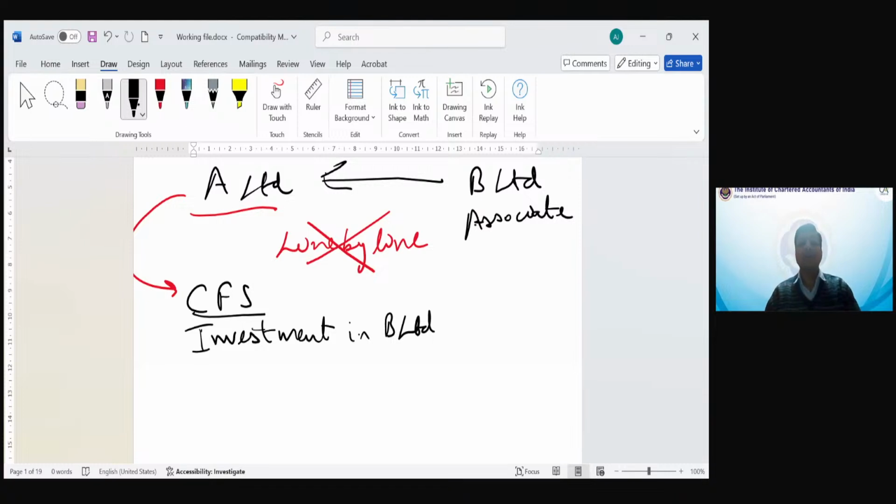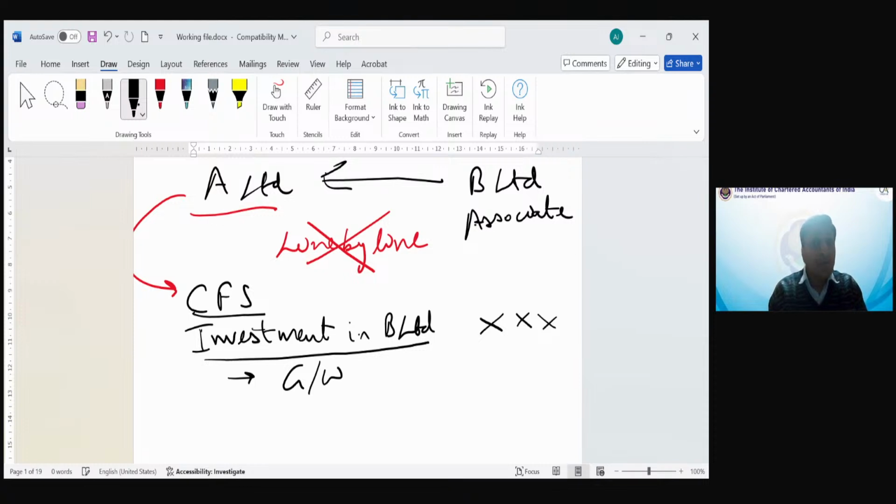Investment in B Limited, whatever that amount is, and any corresponding goodwill that is part of this investment, needs to be shown separately. So this investment in B Limited will have two parts.